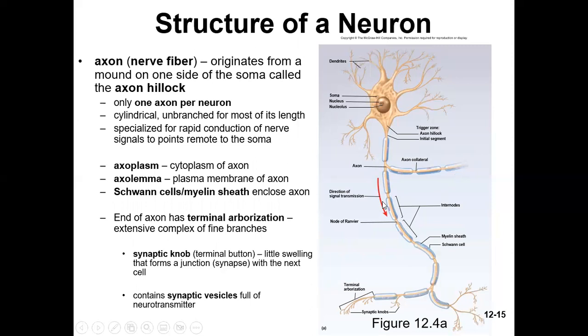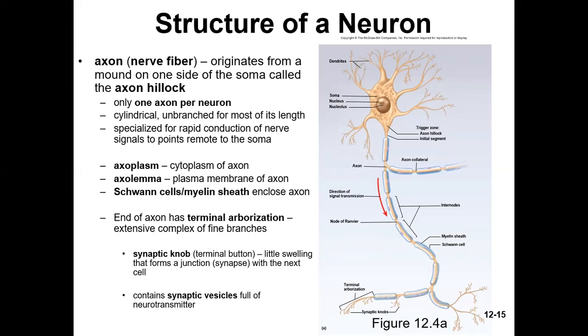The axolemma, this is the plasma membrane of the axon itself. A Schwann cell is what is responsible for the production of the myelin sheath that will enclose the axon. And this helps with conductivity of electrical potentials.